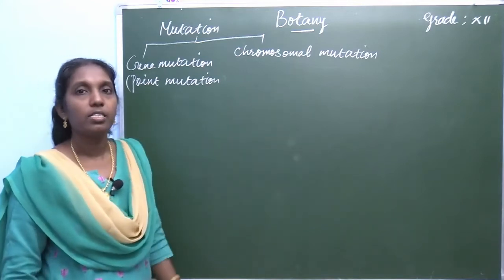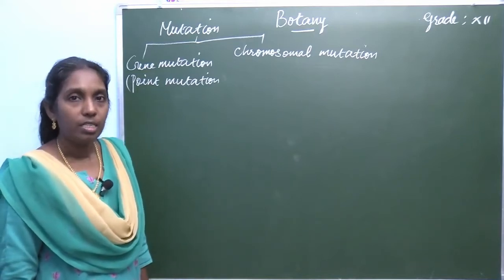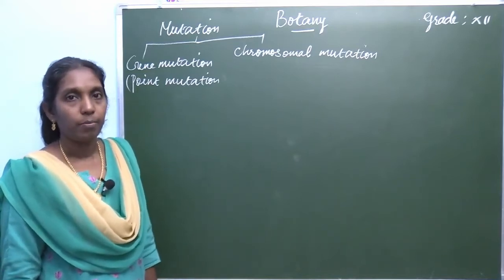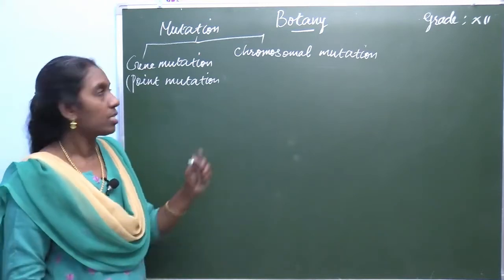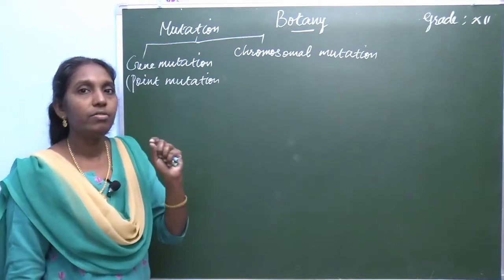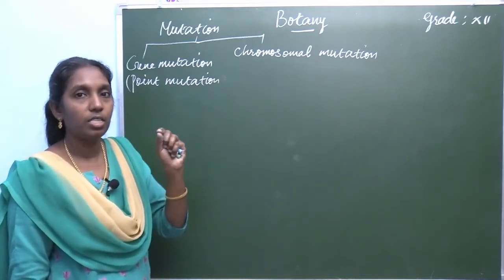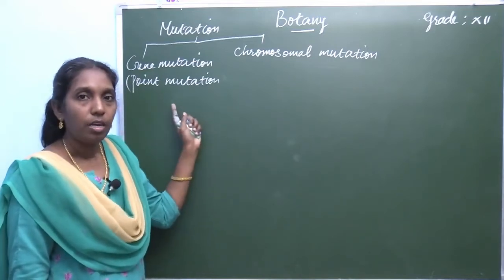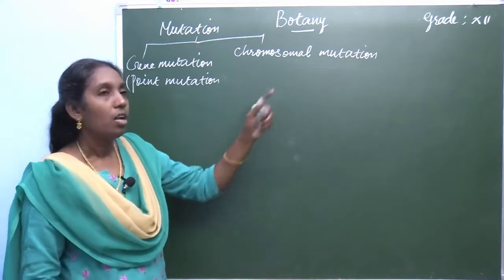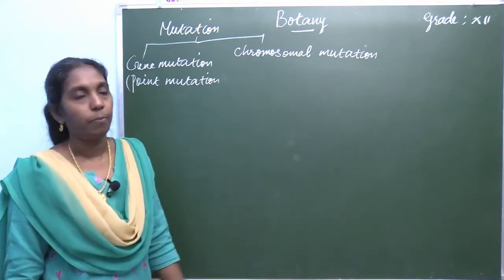Chromosomal mutation is a large scale variation observed within the chromosomes, with variations found in more genes. Mutation within a single, individual gene is called gene mutation. Large scale variations observed are called chromosomal mutation.